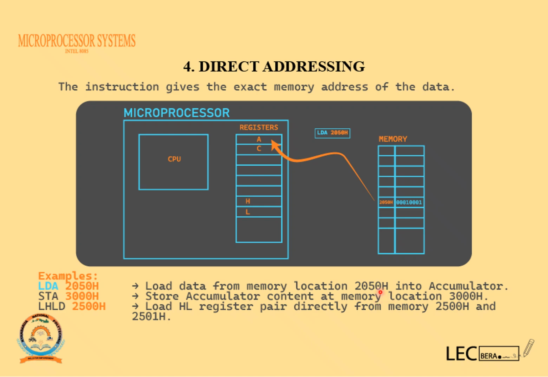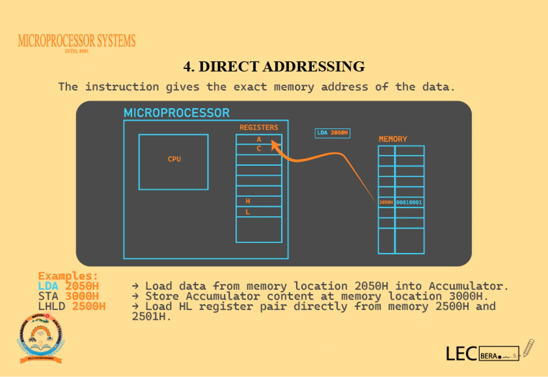All data we work on can be in either binary form or hexadecimal. Remember that. We have another example. Here we are storing what is inside the accumulator to memory location 3000H. So, store accumulator content at memory location 3000H.